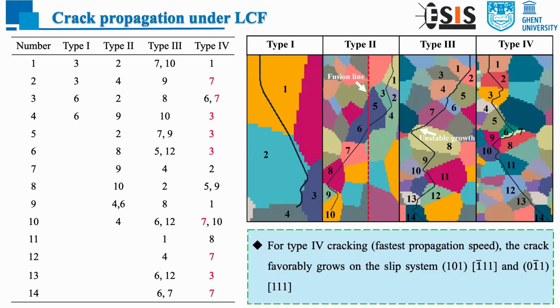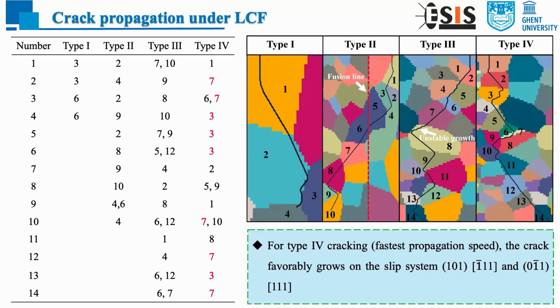We just want to know, is there any specific slip system that will be activated for the crack propagation? So we recorded all the activated slip systems for the crack propagation along the crack growth path.